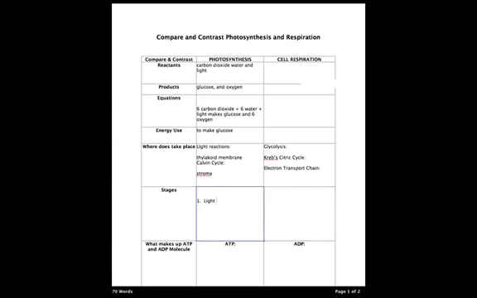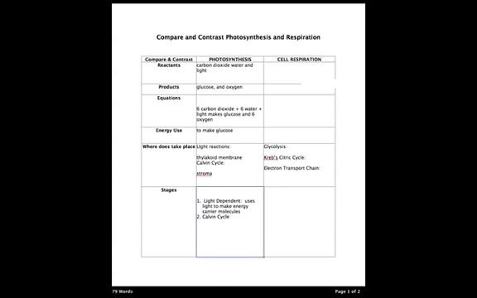First is the light dependent. Remember, if you're dependent on something, you need it. So light dependent needs light. It uses light to make energy carrier molecules. And we talked about these before. The next step is the Calvin cycle.